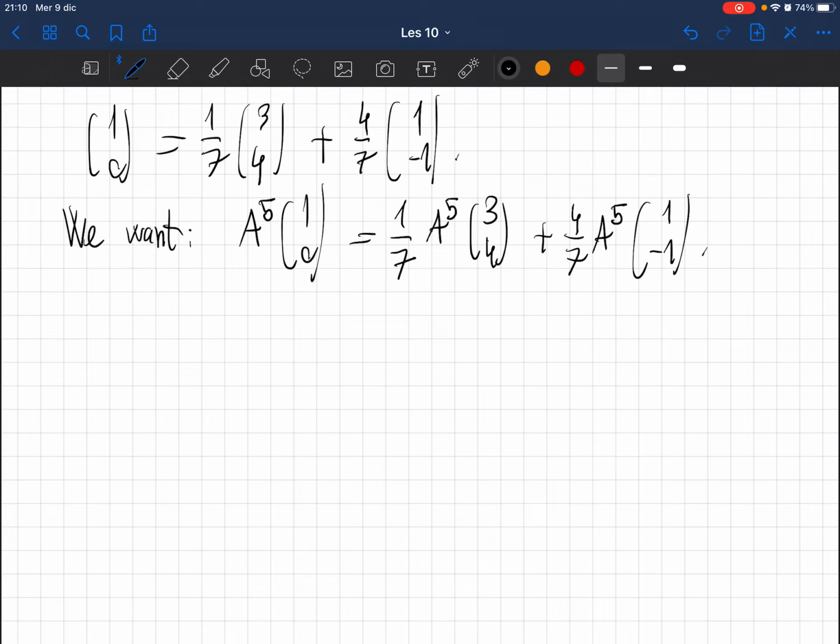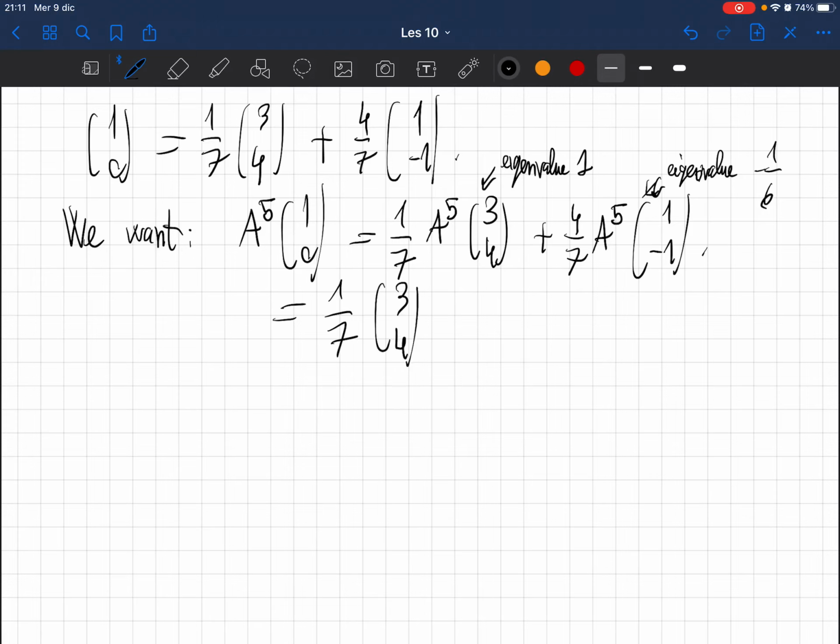We know that this is an eigenvector associated to eigenvalue 1, and this is an eigenvector associated to eigenvalue minus 1 over 6. We know from the discussion before what this is. So A to the 5th power applied to the first is 1 to the 5th power times this, so it remains the same.